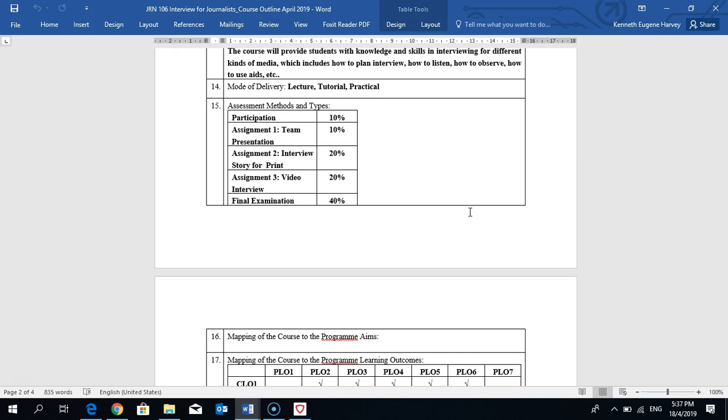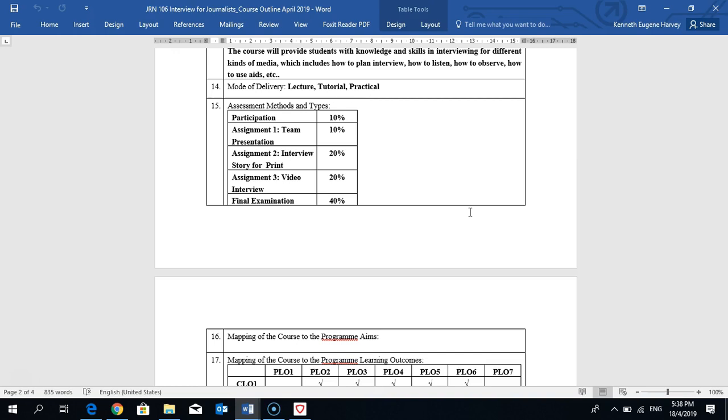Mine is pretty much based on showing up. But I have tried other things before. I used to call on people randomly, and if they couldn't answer my question, if it's something they should have known, they got a deduction.